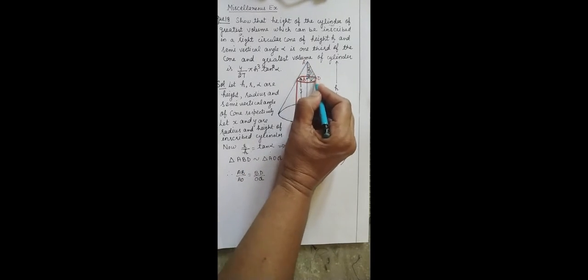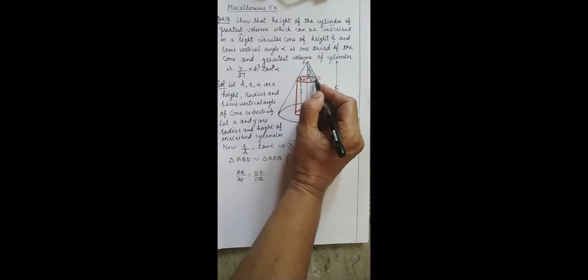So by angle criteria, triangle ABD will be similar to triangle AOQ, which shows me the result that the ratio of their corresponding sides will be equal. Now which will be the corresponding sides? AB will be proportional to AO, and this will be equal to BD upon OQ. This is my result. Now I will substitute the values of all these line segments.